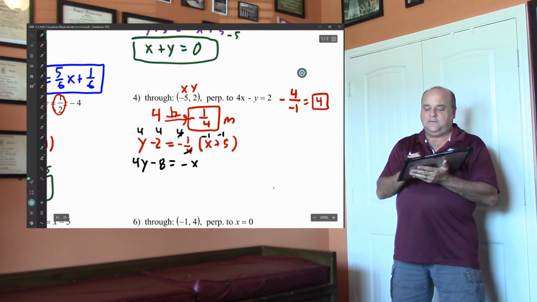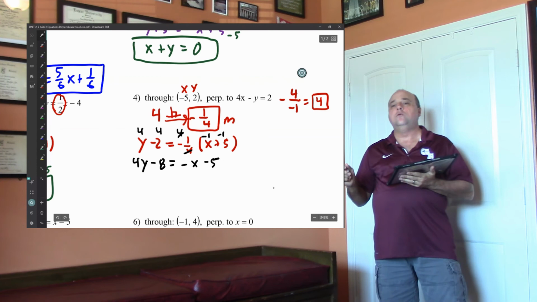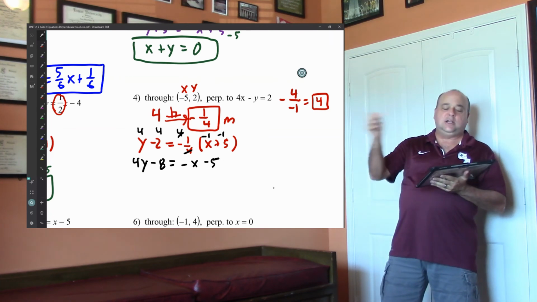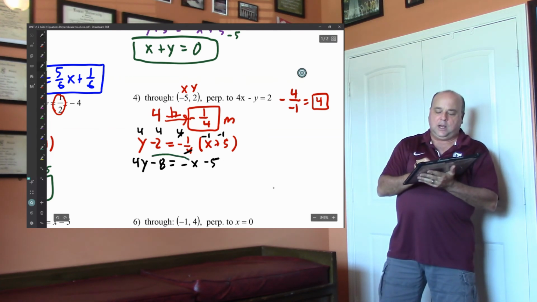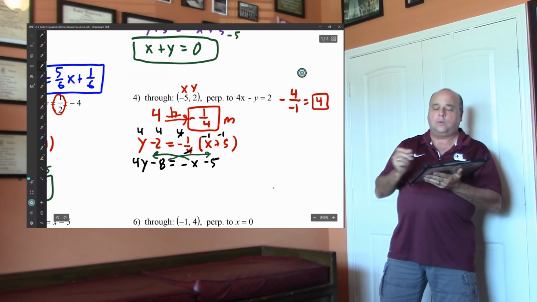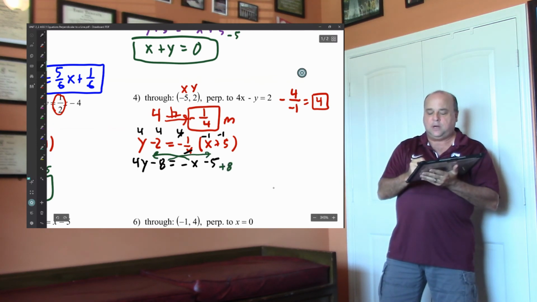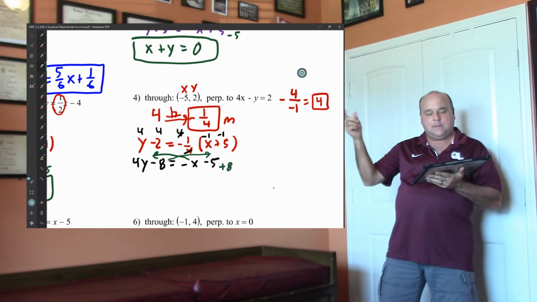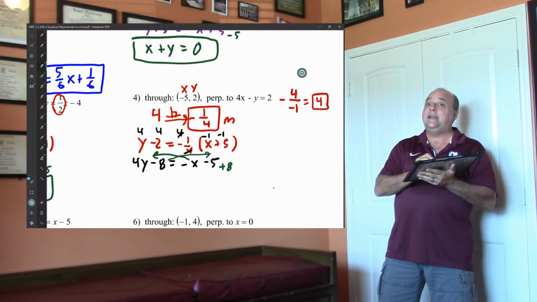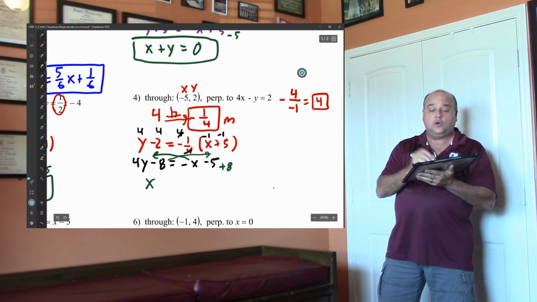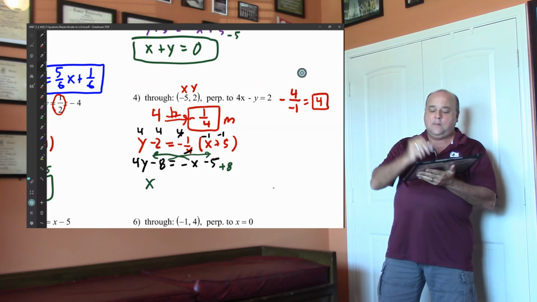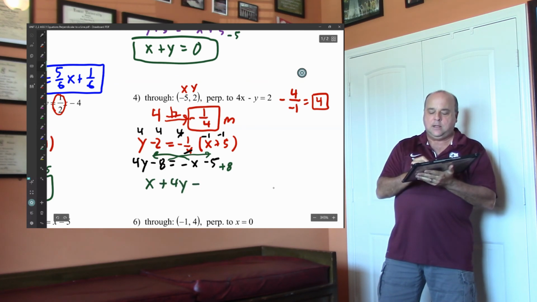So I'm going to get negative x minus 5. Now then, to get the answer, I need to move the x to the left, and I need to move the 8 to the right, don't I? The opposite of minus 8 is plus 8, so I'm going to put that by the 5. Now then, I'm going to write down my answer. The opposite of negative x is positive x, which is cool. We don't have to switch the signs, do we? Then we're going to put plus 4y equals negative 5 plus 8 is 3.